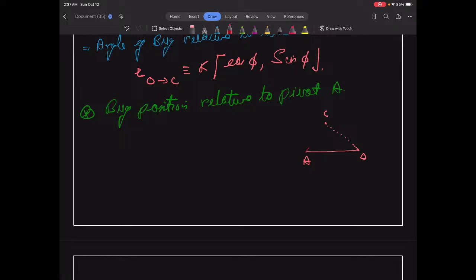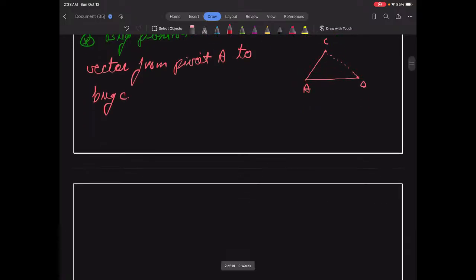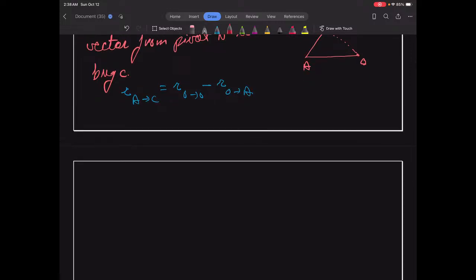If we join A to C, we can write the vector from pivot A to bug C: R_AC will be equal to R_OC minus R_OA, and we simply substitute their coordinates.